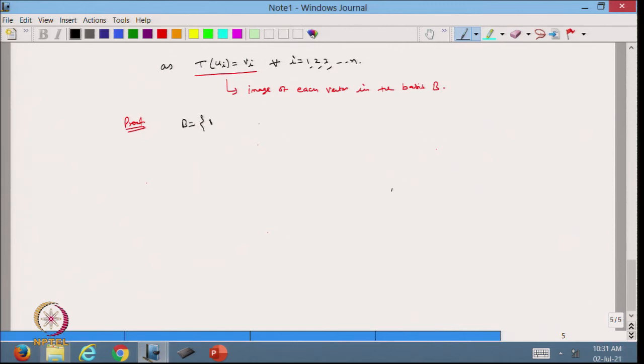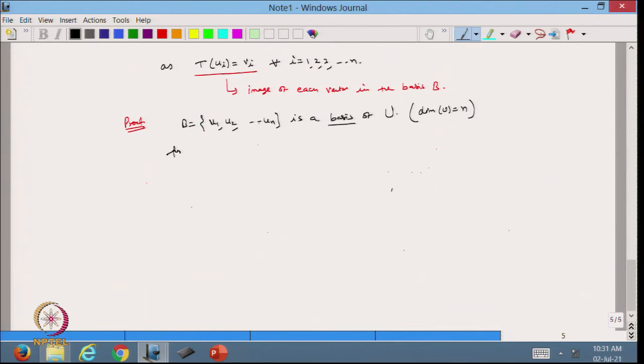Now, I have a basis B equal to u1, u2, up to un of the vector space U, and since it is a basis, it means that the dimension of U is n, which we already know. It is a basis means it spans U and the vectors are linearly independent.